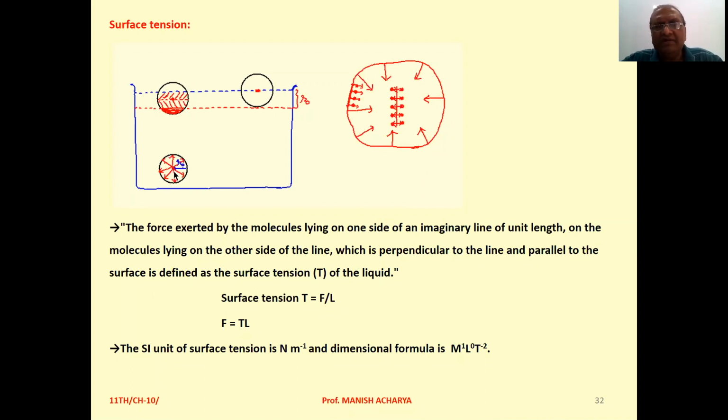It implies that the attractive forces on this molecule at the center from all other molecules inside the sphere will be in all directions as shown in this figure. So net force will be 0. Clear to all of you?